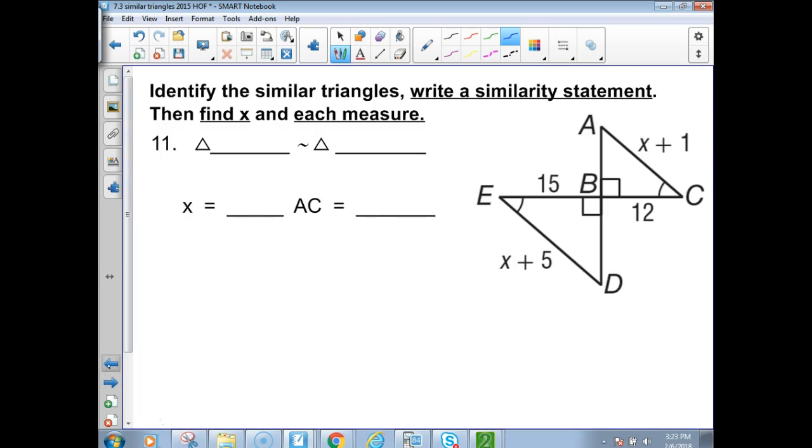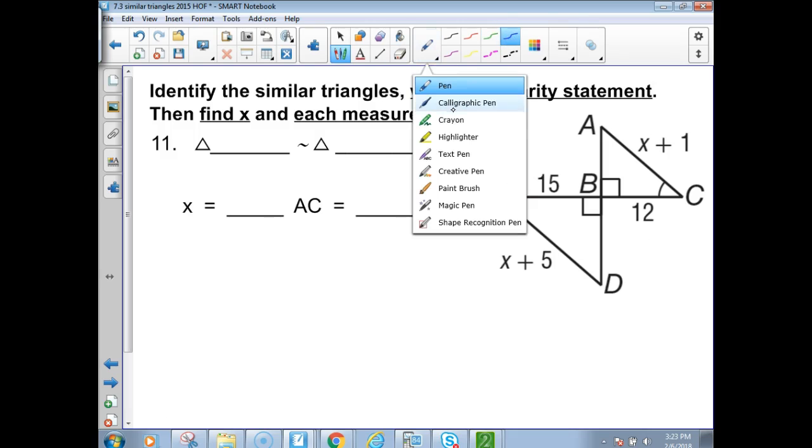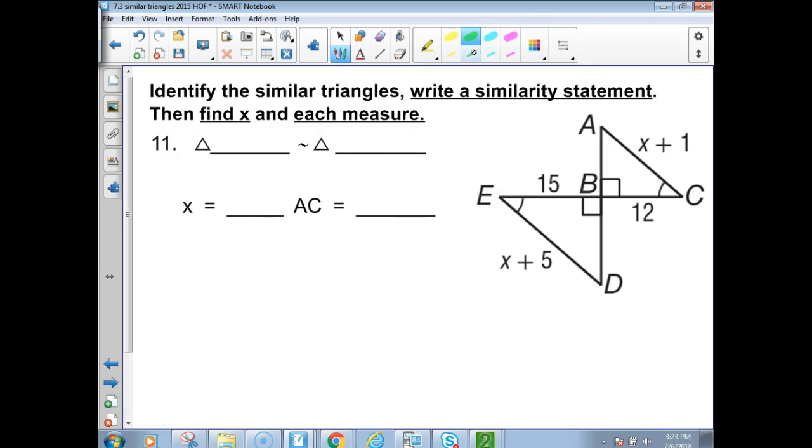2 more questions. We have AC corresponding to, let's go looking at the sides that correspond, and I'll color if I need to. ED corresponds to AC. And the other one we're going to look at, EB corresponds to CB.